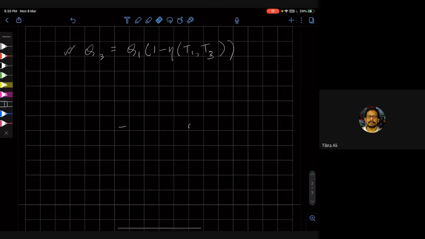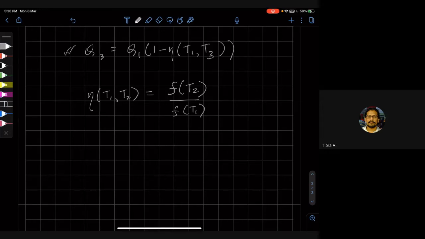What I'm saying is that for the T2 dependence to drop out, we have to assume that eta, say T1 comma T2, must be of the form of some function of T2 divided by some function of T1, right?